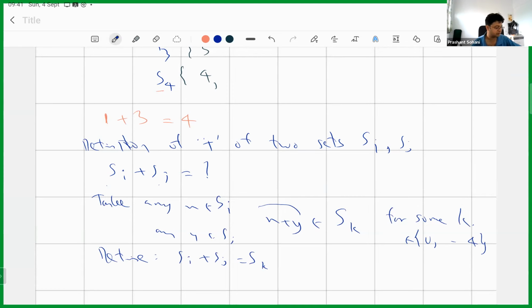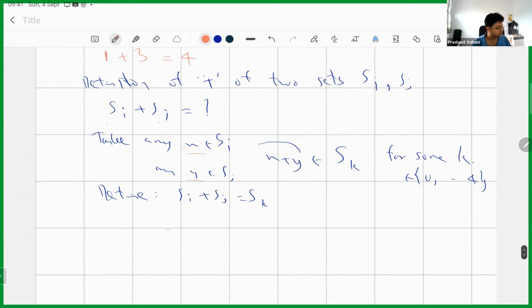What could go wrong with a definition like this? The thing is, I am saying take any element x of the first set and any element y of the second. Could it happen that if I choose a different x and y, my answer will be different?